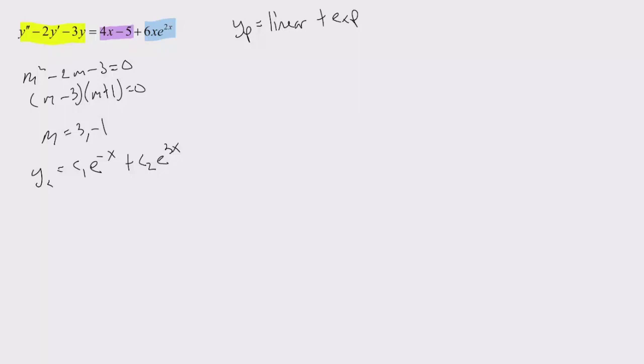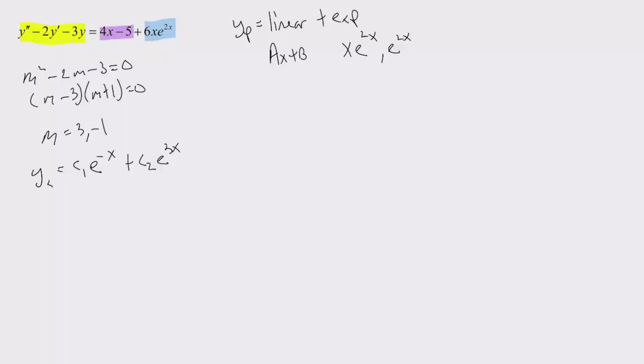And in particular, that 4x minus 5 tells me it's going to look something like ax plus b. And then that exponential, if we think about what happens when I start taking derivatives of these things, because I'm going to have to do a derivative and then a second derivative, that means the exponential is going to have some sort of x e to the 2x and some e to the 2x as a component of those further derivatives.